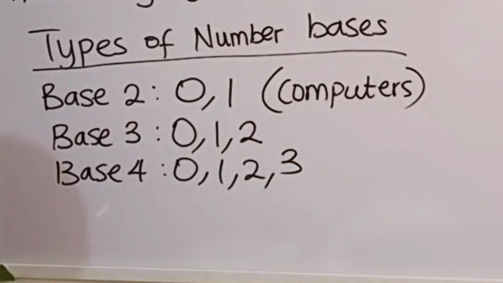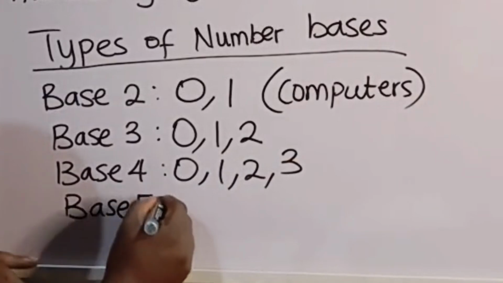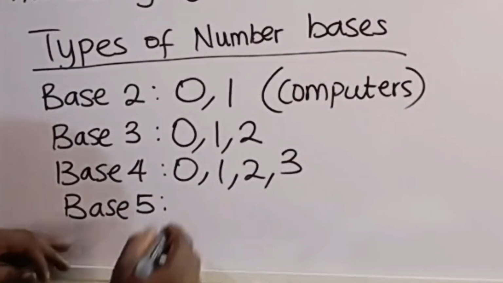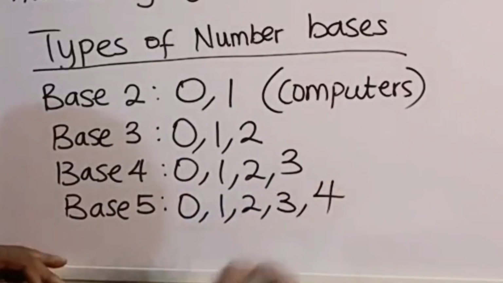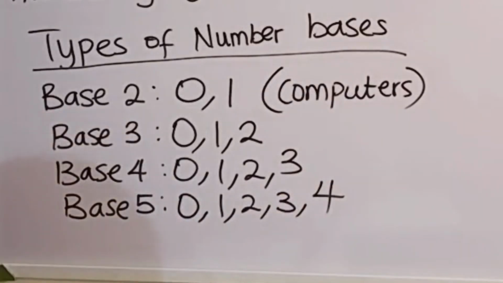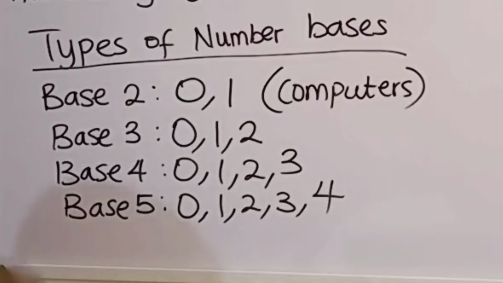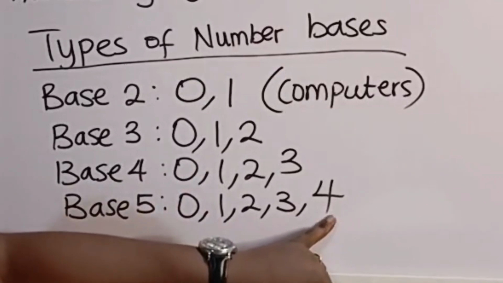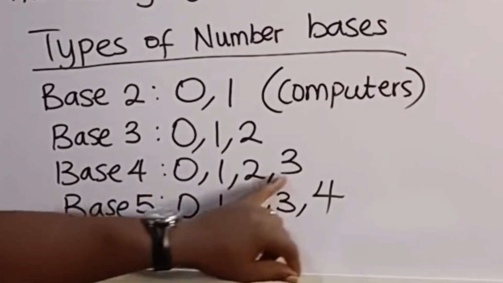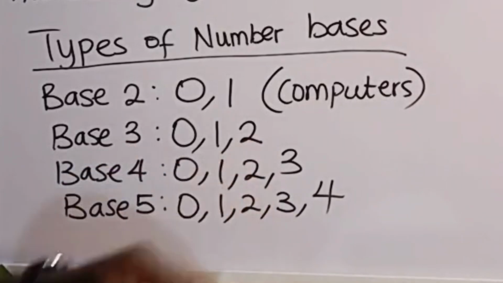Base 5 has 5 numbers, which are 0, 1, 2, 3, and 4. If you observe, for a particular base, the highest number in that base is 1 less than the value of the base. So base 5, the highest number is 4. Base 4, the highest number is 3. Base 3, the highest number is 2.